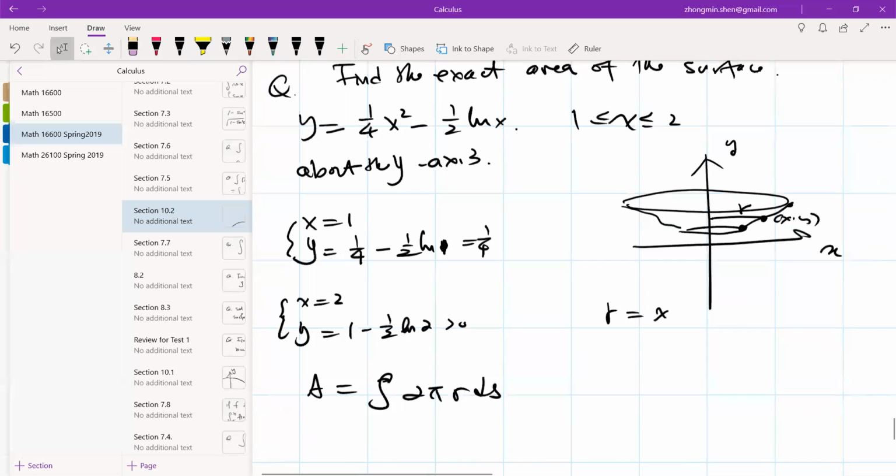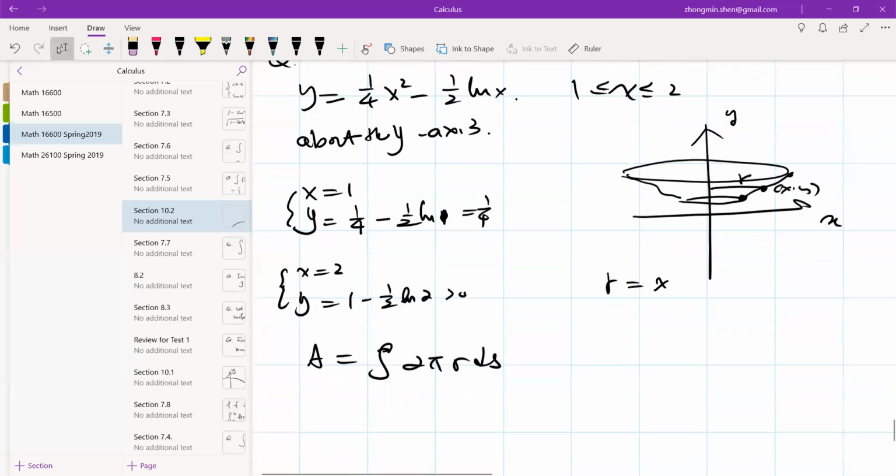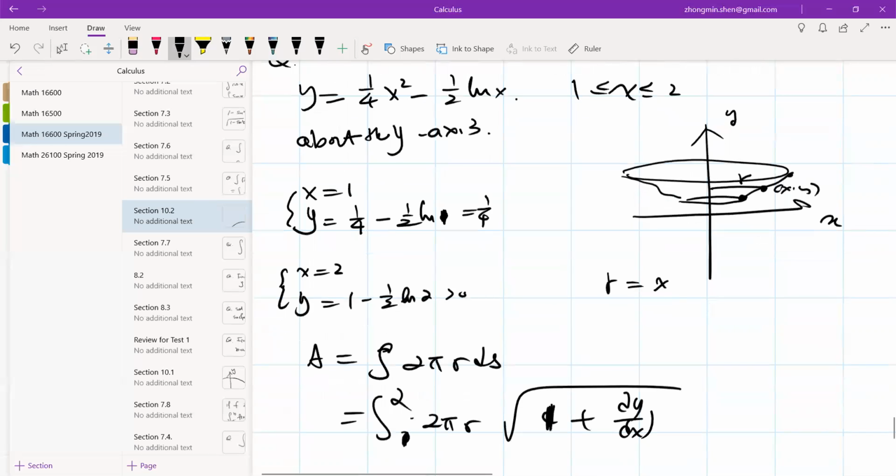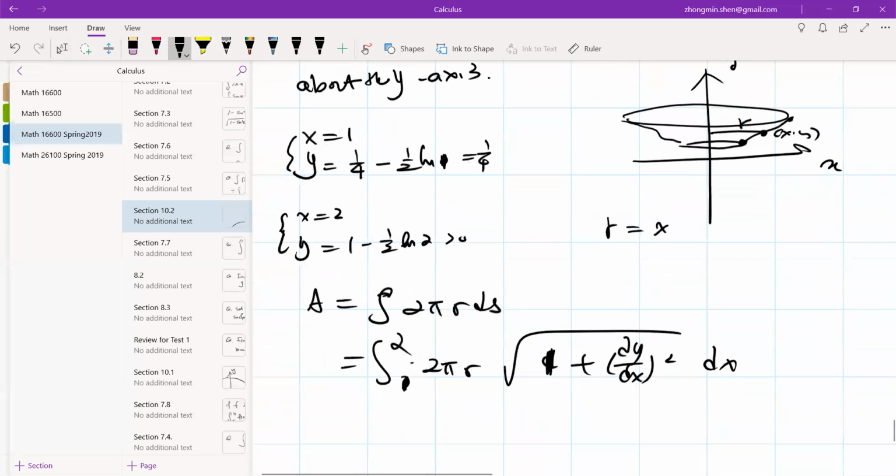But if you use dy, you have to express x in terms of y. Can you do that? No. So you have to use the dx variable. So it's going to be from 1 to 2 of 2 pi r ds. So ds is the square root of 1 plus dy/dx squared dx. So r is going to be x. So perfect, everything's x.